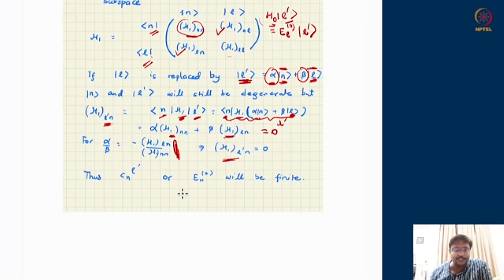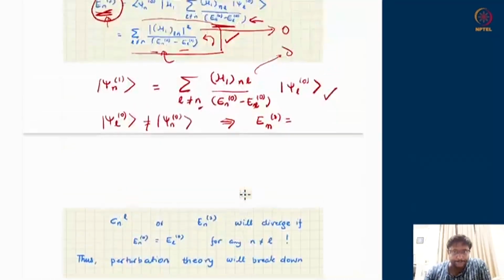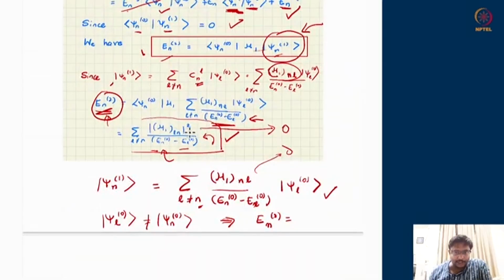So in this new basis, H1 L primed n, or H1 n prime n, these off diagonal matrix elements will be 0. Therefore this term will go to 0, and the risk of the denominator going to 0 will not hit us anymore.